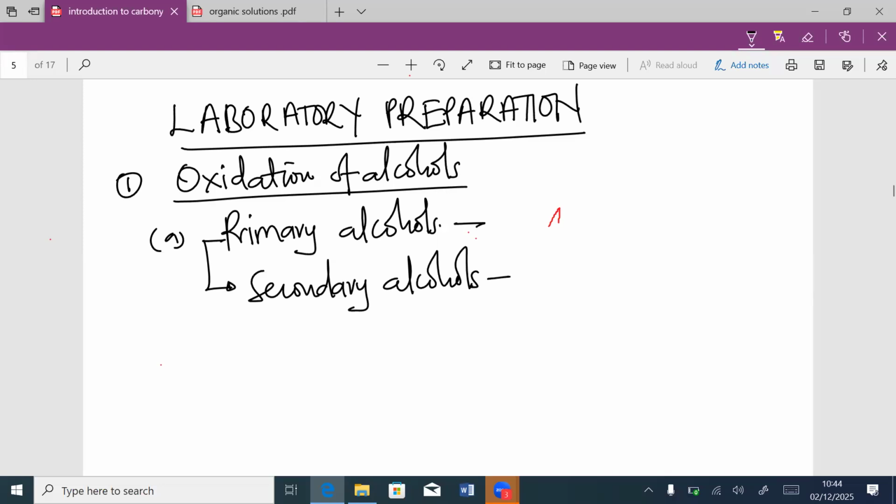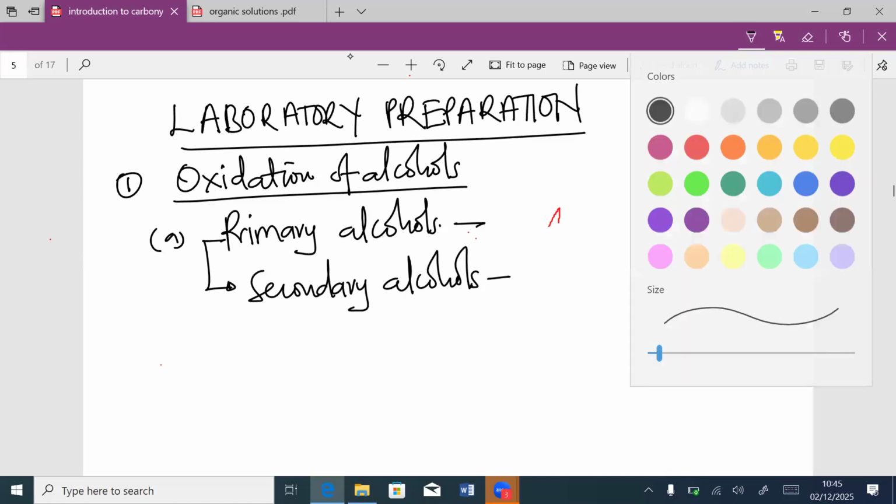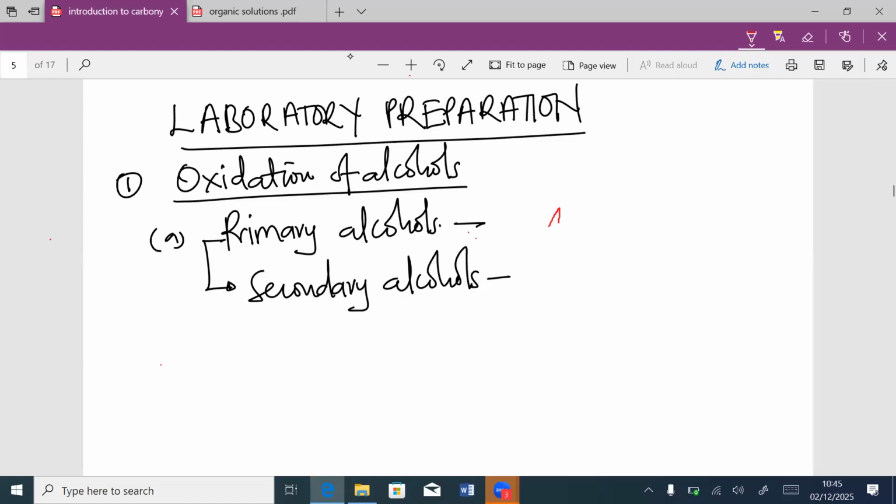Now, the oxidation of these primary alcohols leads to the formation of aldehydes. Then the oxidation of secondary alcohols leads to the formation of ketones.